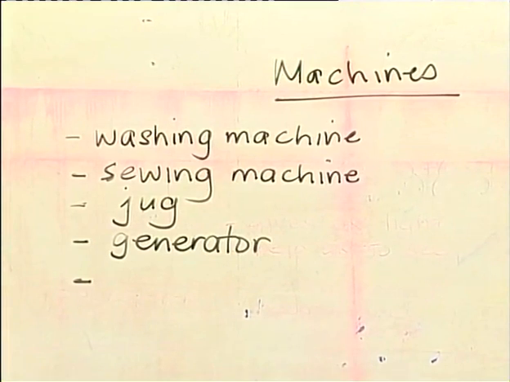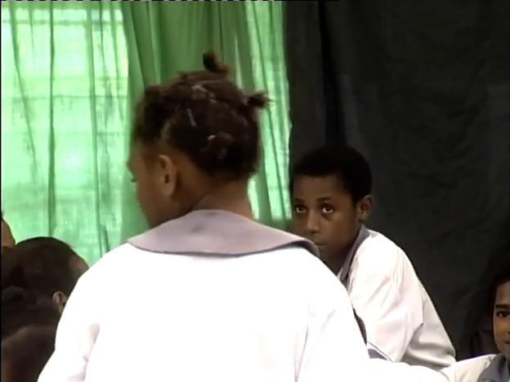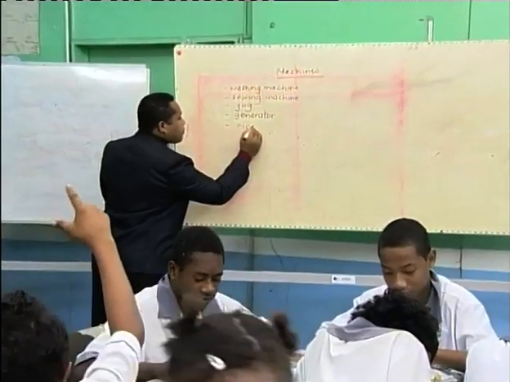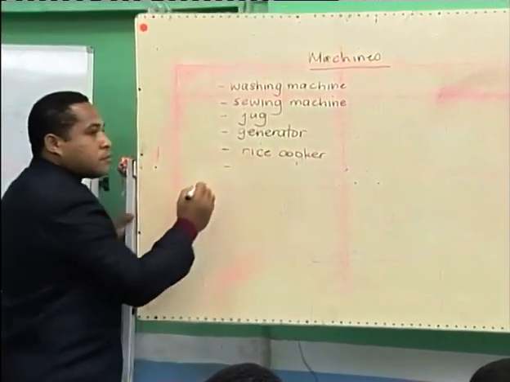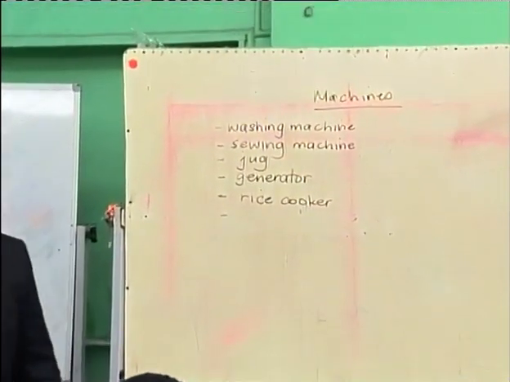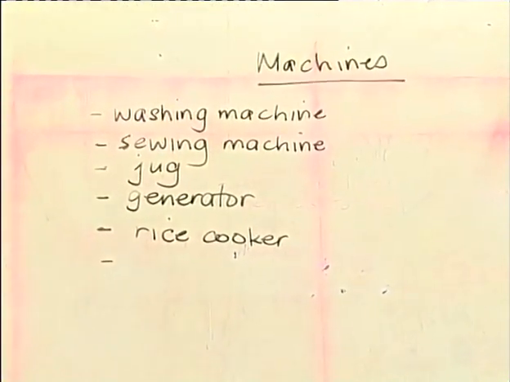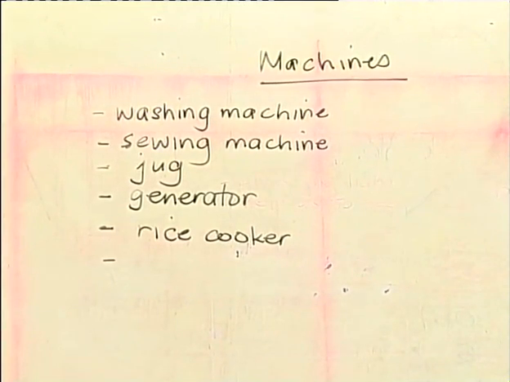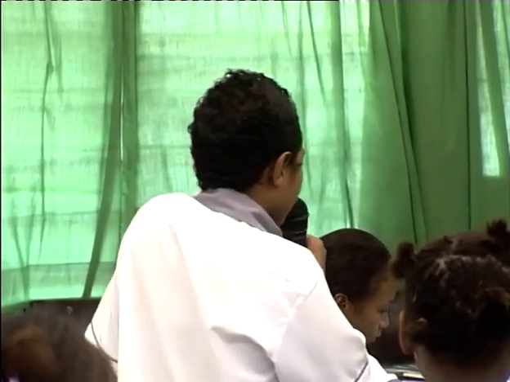Victoria? Rice cooker. Robert, lawnmower.